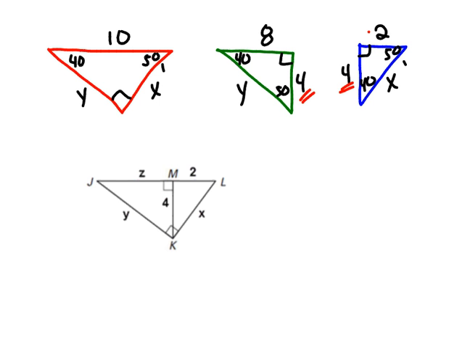Let's do y next. So we have a y here and a y here. And then we need to find the angles that are opposite those variables. So we're going to have y is opposite the 90-degree angle, and y is opposite our 50-degree angle.